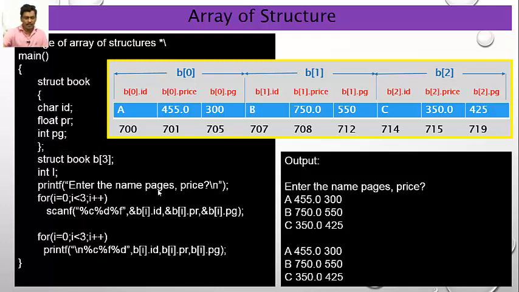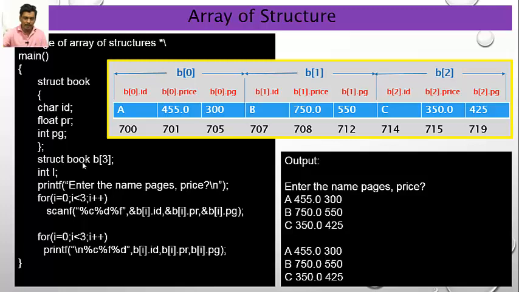Integer i, printf enter the name, pages, price. So the for loop rotates 3 times, that is 0, 1, 2. The first time is 0, %d, %d, %f, and b of 0.